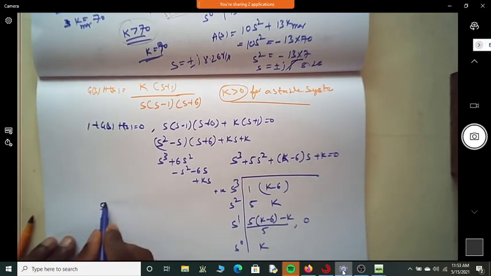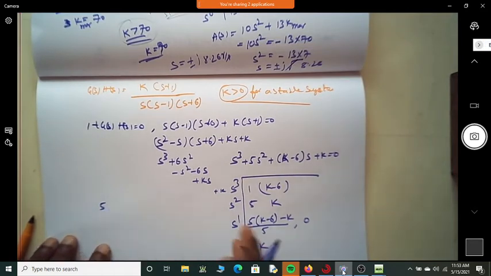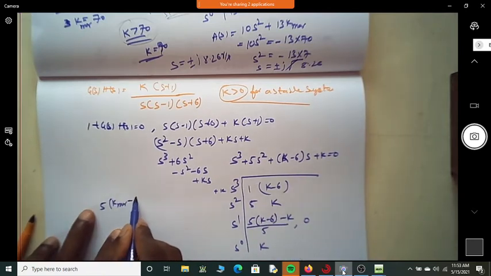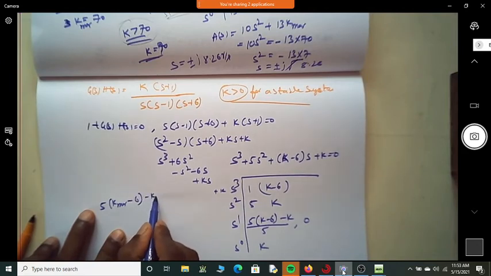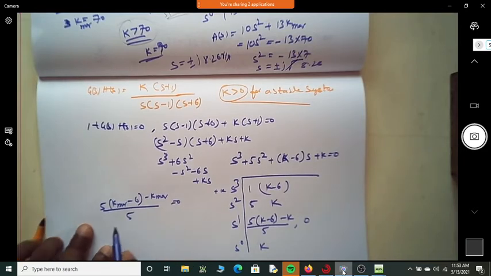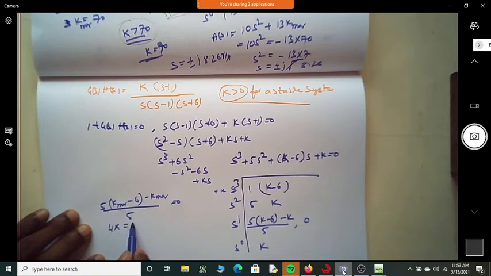If you are making this 0, then this is K margin: 5(K minus 6) minus K margin divided by 5 equal to 0. Is it actually 4K is equal to 30? K margin is equal to 7.5.